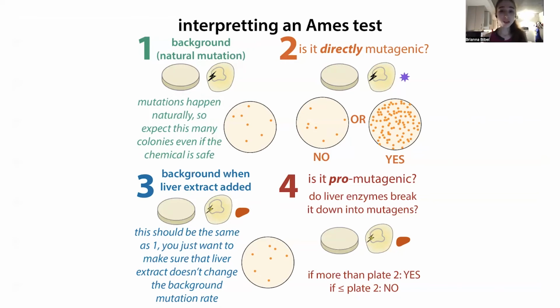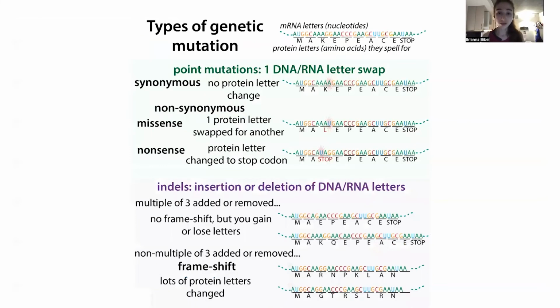Okay, speaking of mutagens, there are different types of mutations. We talked a lot about this in yesterday's post, but you can have mutations that are swapping letters, mutations that are inserting or deleting letters, and mutations that are not making any changes really, at least at the protein level.